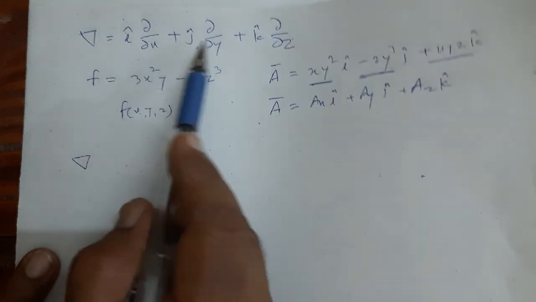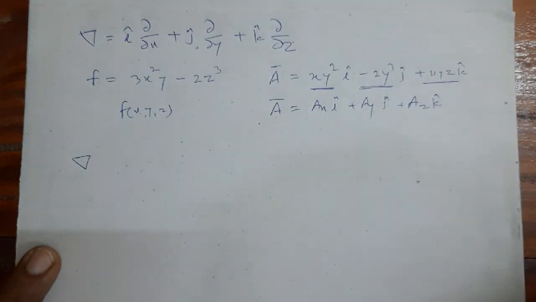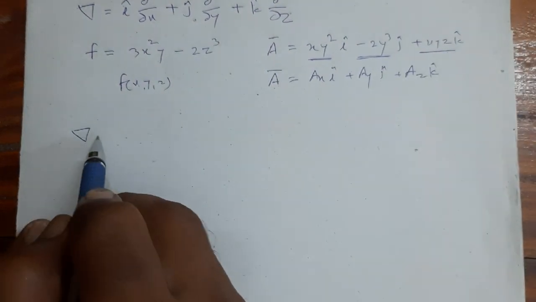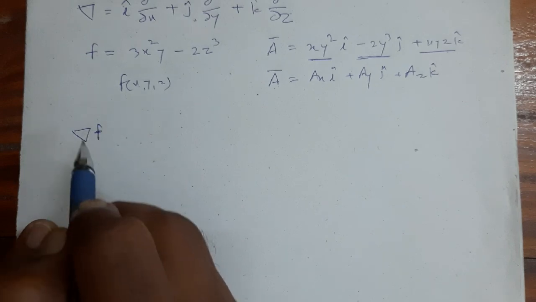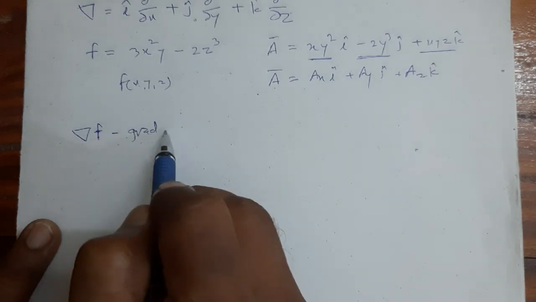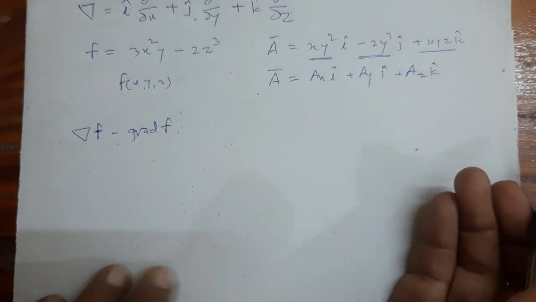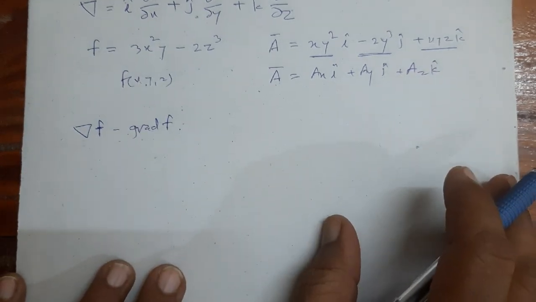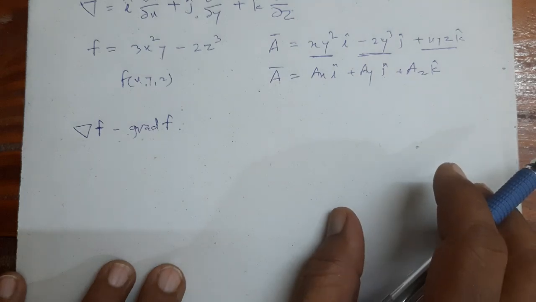It is i cap, j cap and k cap, and therefore when we operate this operator on the scalar function, we write del f. It is known as the gradient of the function f. Later we will discuss the physical significance of the gradient.